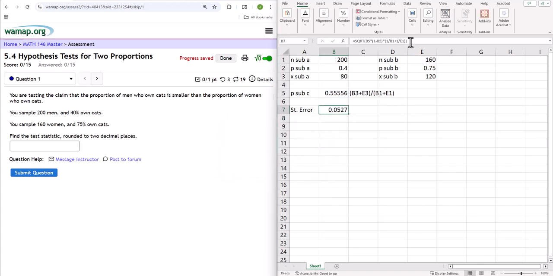It'll add it for me. So just letting Excel do all the work for us. So we have the probabilities, we have the standard error, and then now we need to find the test statistic. And it is, if I take P sub A minus P sub B, and then divide by the standard error, I'll get our test statistic.